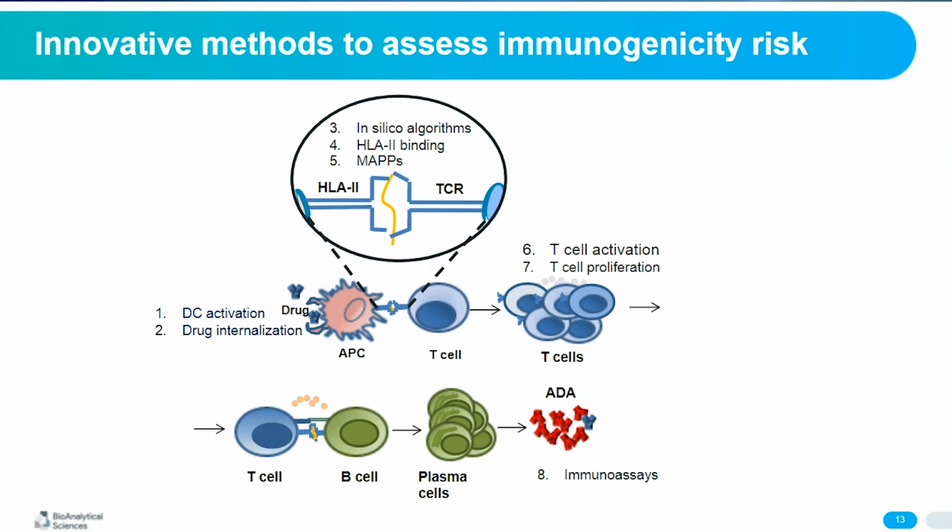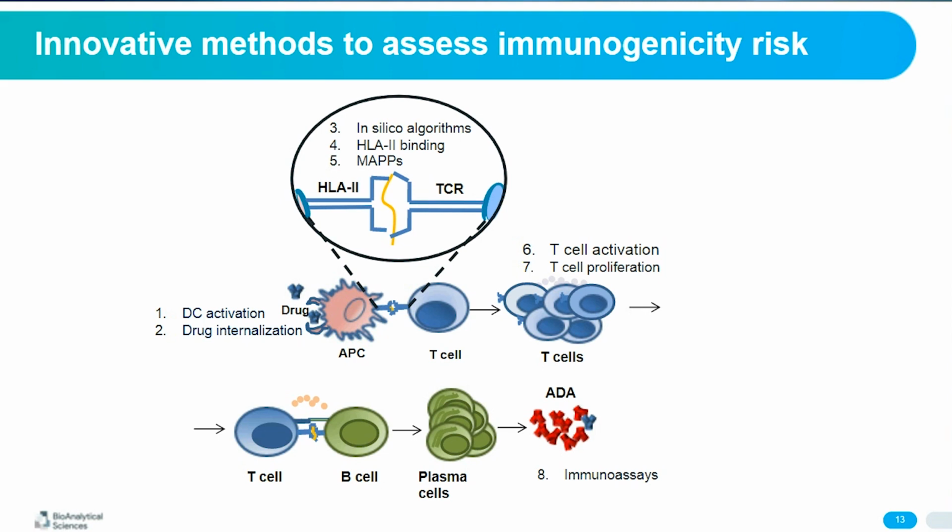This process will trigger T-cell activation, proliferation, and cytokine secretion. And the next step of methods are aimed to evaluate this response. And again, I will elaborate on this in a few slides. Lastly, in some cases, the presence of pre-existing antibody may be detected by immunoassays that will be pre-screened for the patient.